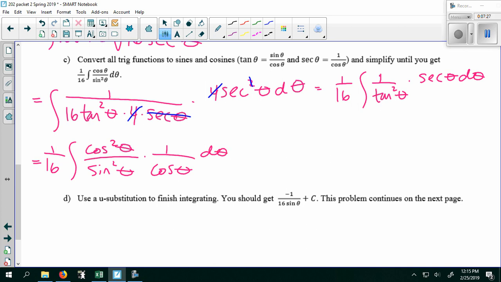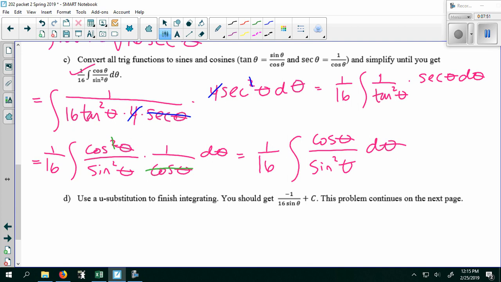Now one of my cosines cancels. That one cancels with one of these. So I have 1 over 16 cosine theta, integral of cosine theta over sine squared theta d theta. Okay, so that's where I was supposed to get for that one.